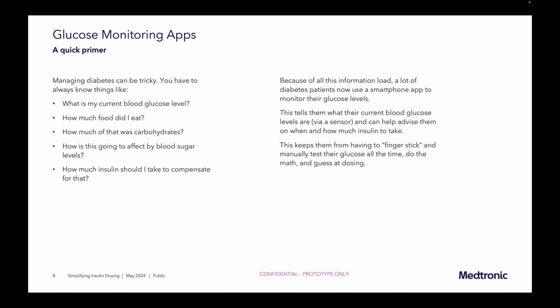Very hard. The current state of things is that you have an app on a phone, and you slap a sensor on your arm, and the sensor just tells the phone, hey, this is your blood glucose. So that's the function of these glucose apps, what I'm calling a dosing app.